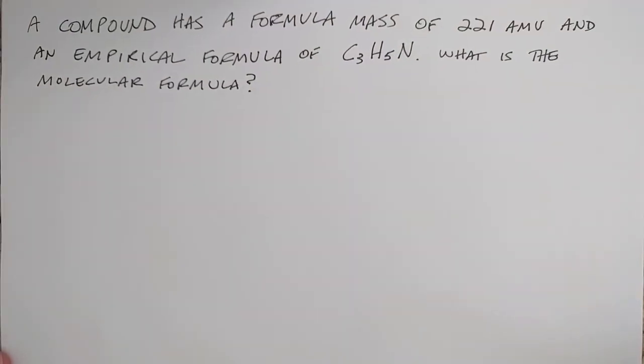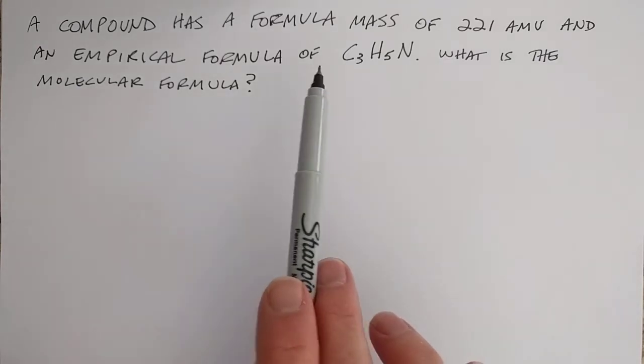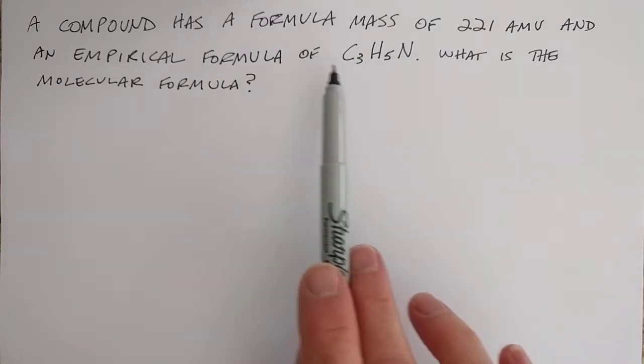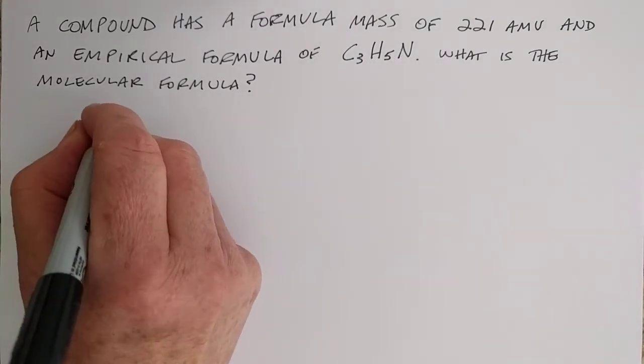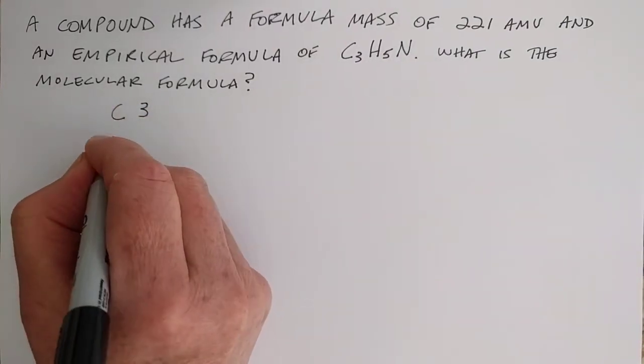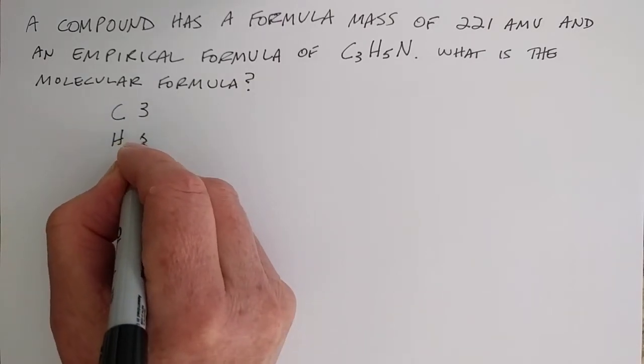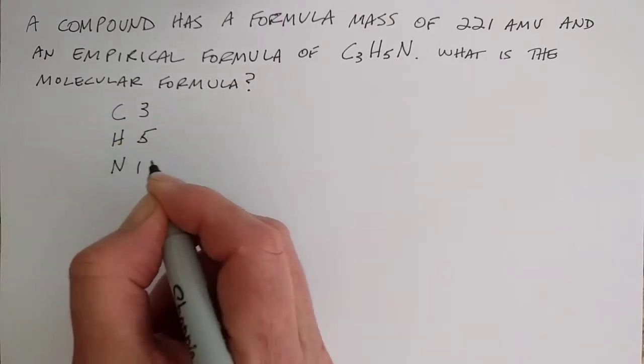A compound has a formula mass of 221 AMU and an empirical formula of C3H5N. What is the molecular formula? Okay, so we're going to use that formula that we just developed for N, but first we'll get the formula mass of the empirical formula. So carbon, we have 3 of those. Hydrogen, we have 5. Nitrogen, we have 1.